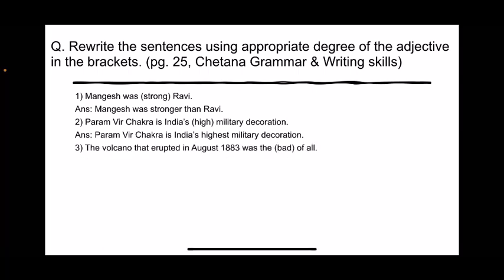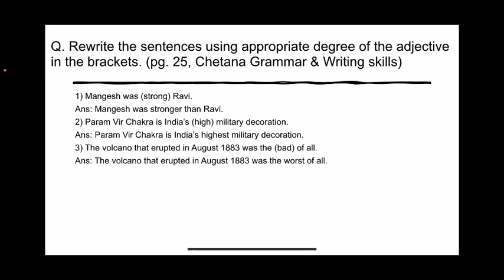The volcano that erupted in August 1883 was the bad of all. So here we are saying that this volcano which erupted in this particular period was something bad and there was nothing which was worse than this. So how will we frame the sentence?